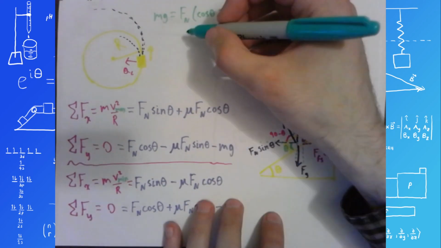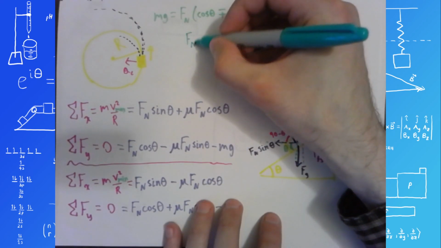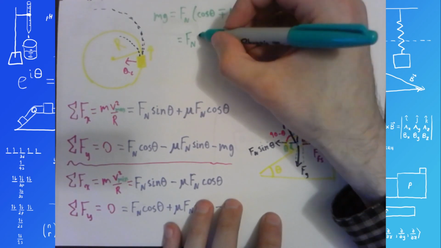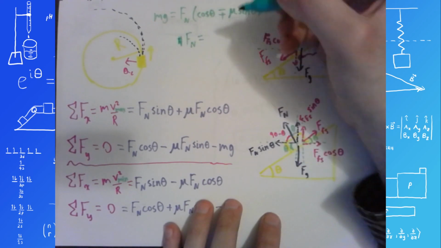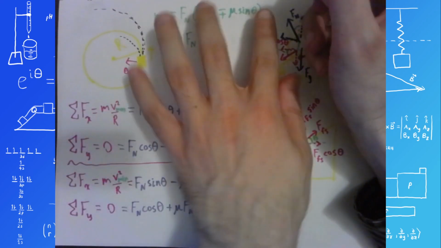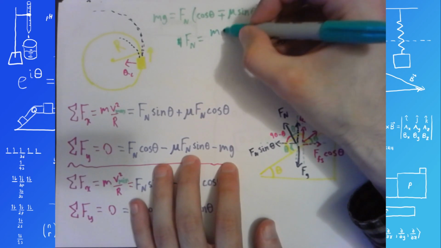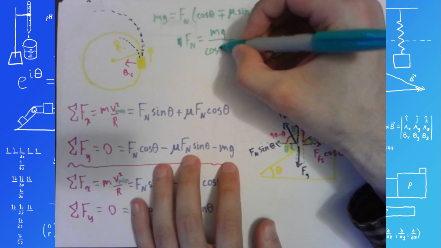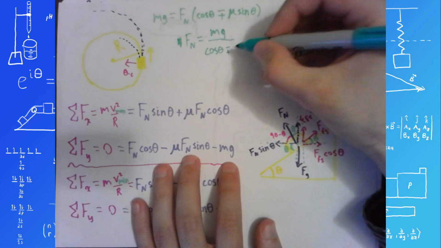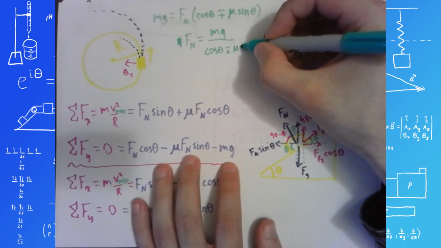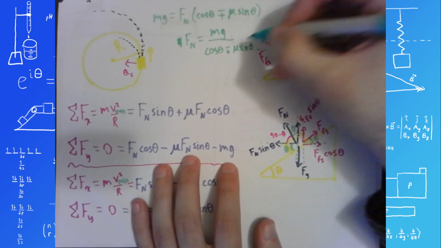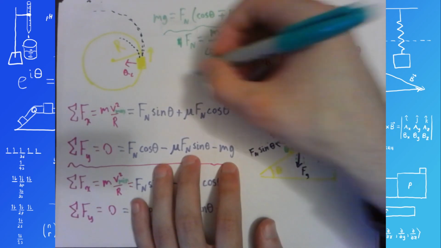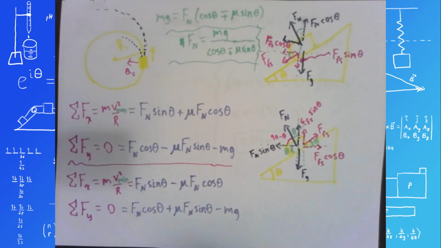And then from there I can solve for the normal force. Normal force equals, should probably write it over here actually. Normal force equals mg divided by all that stuff: mg over cosine theta minus or plus mu sine theta. And if you're wondering why I'm using minus or plus as opposed to plus or minus, I think you'll see the value in that in a minute.